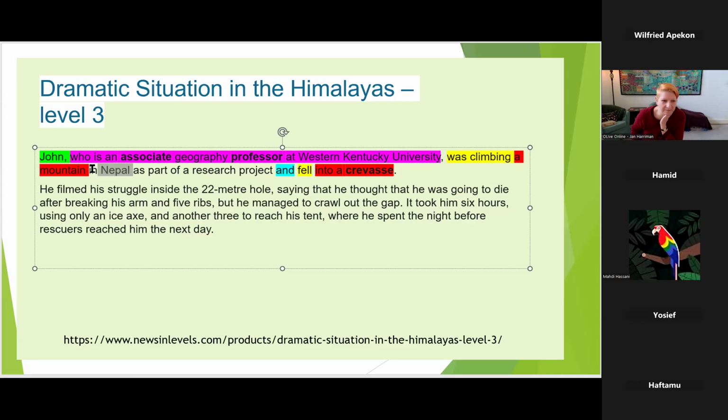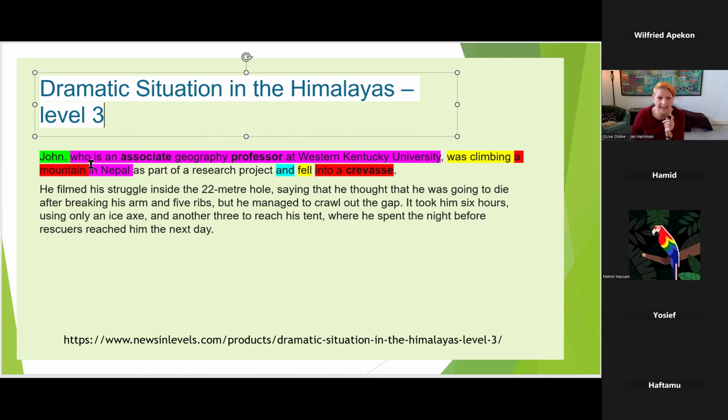We've got where, right? So remember, we've got who did what. John was climbing a mountain. John fell into a crevasse, right? So which John? There's a lot of Johns in the world.